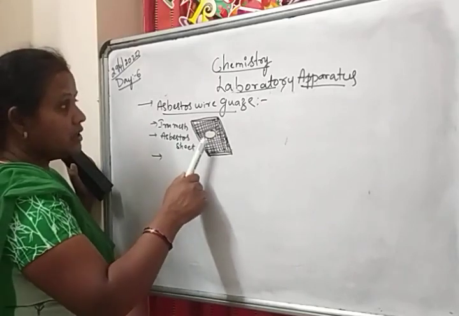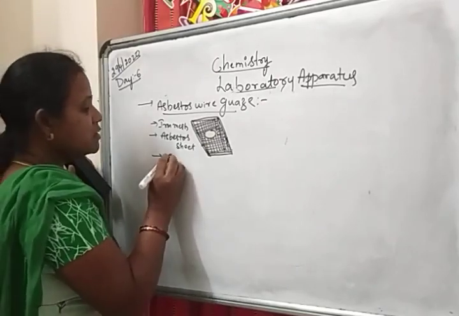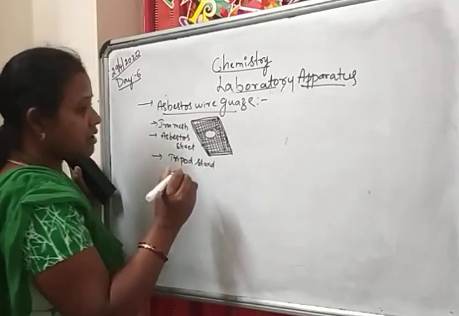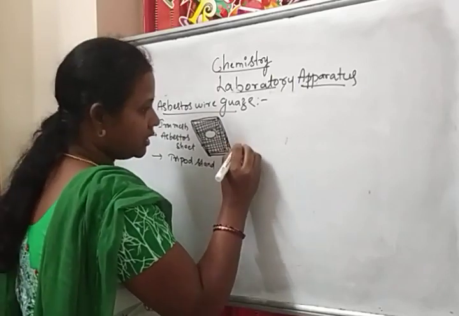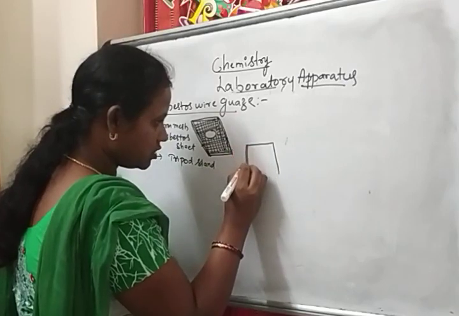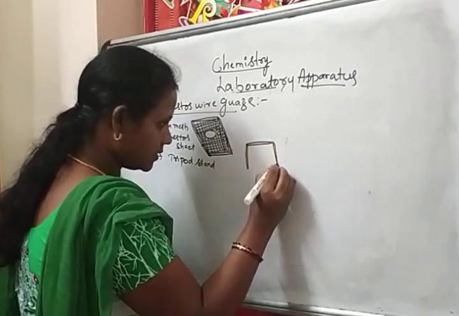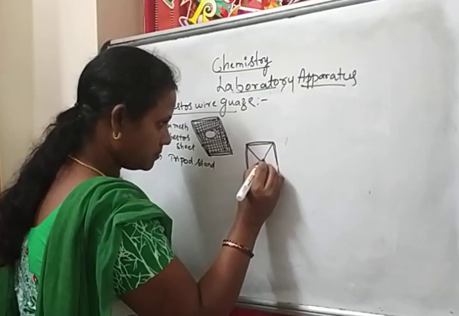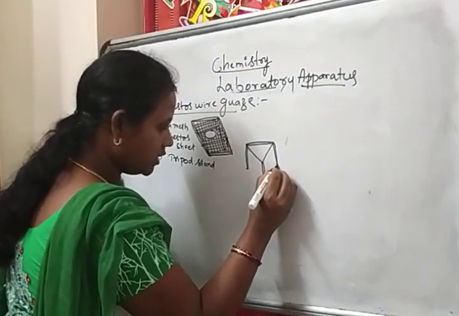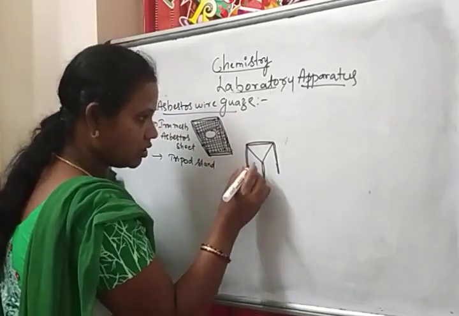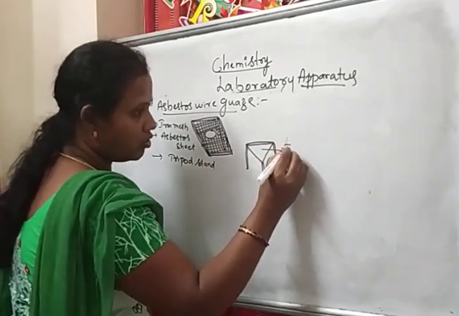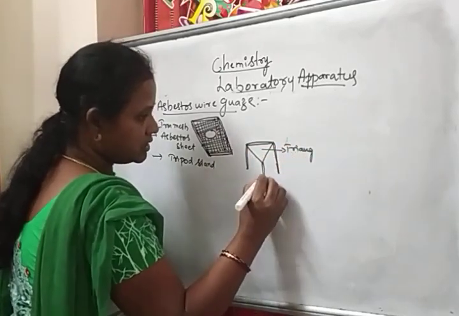Here children, this asbestos wire gauze is placed on tripod stand. Do you remember how the tripod stand looks like? Last class we have learnt about the tripod stand. This is a tripod stand with the 3 legs. A triangular hollow frame is present, and these are the 3 legs.